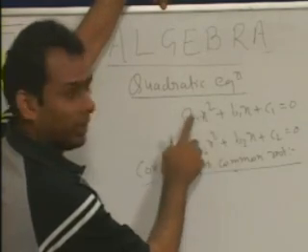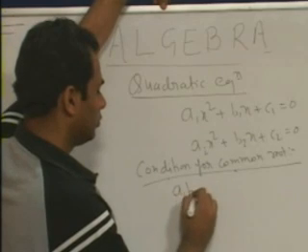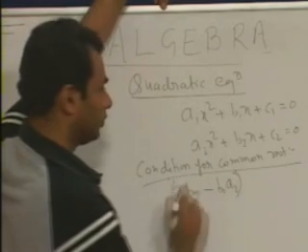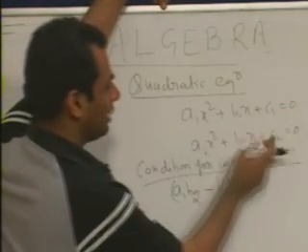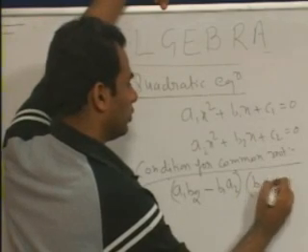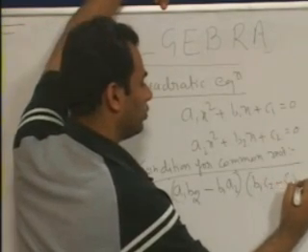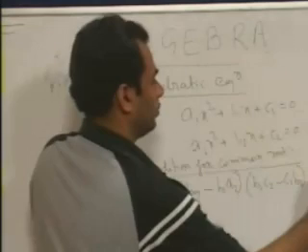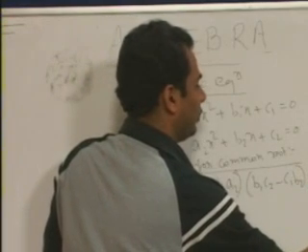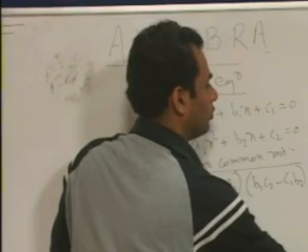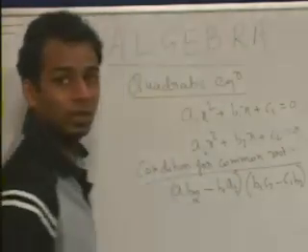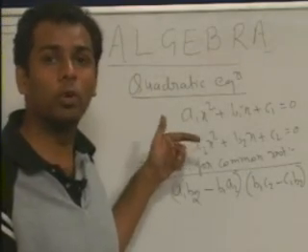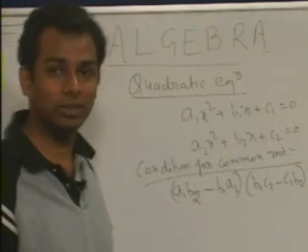Multiply these two first of all, a1 b2 minus b1 a2, into, then multiply these two, b1 c2 minus c1 b2, is equal to a1 c2 minus c1 a2, whole square. Whenever two quadratic equations are given, this is the condition for at least one of the roots to be common among these two quadratic equations.